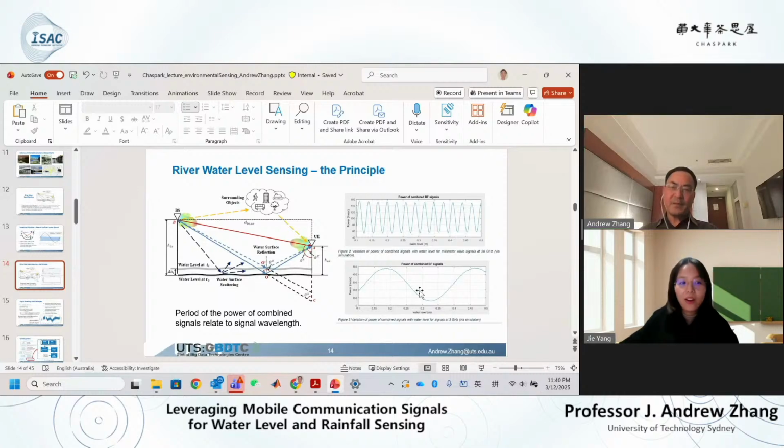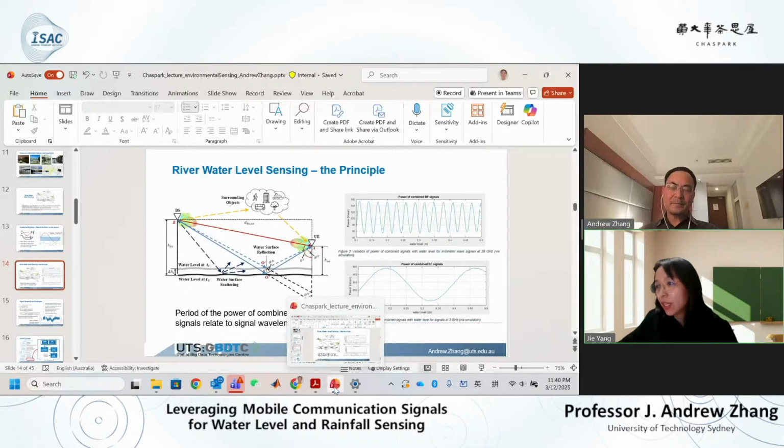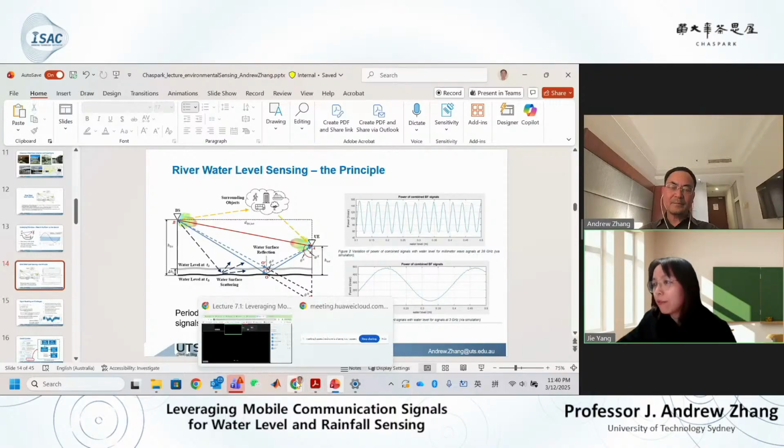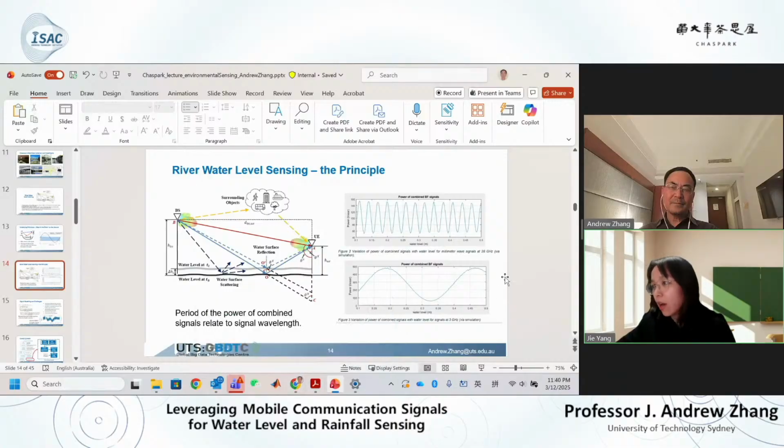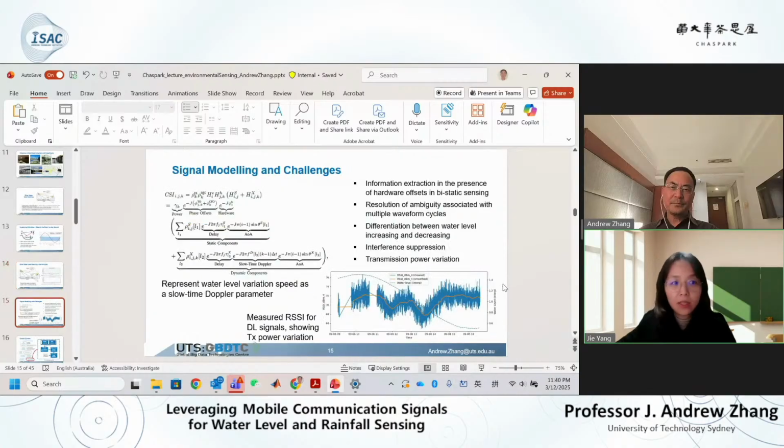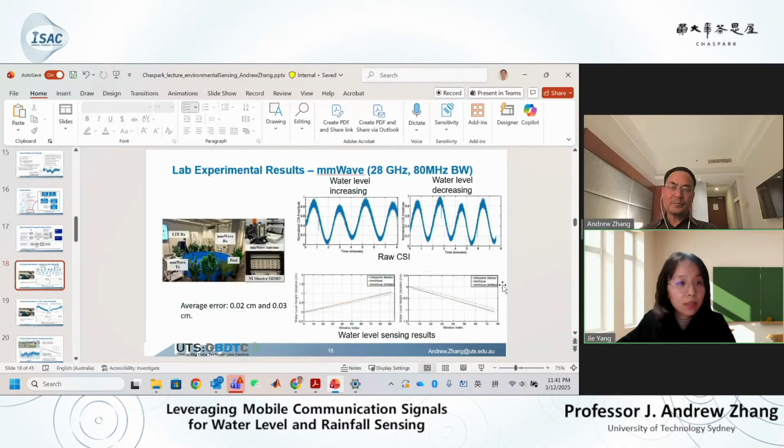The third question is, the slide notes that no clear relationship was observed between rainfall intensity and signal attenuation. Is this because rain attenuation is inherently negligible at standard LTE frequencies, such as sub 6 gigahertz?